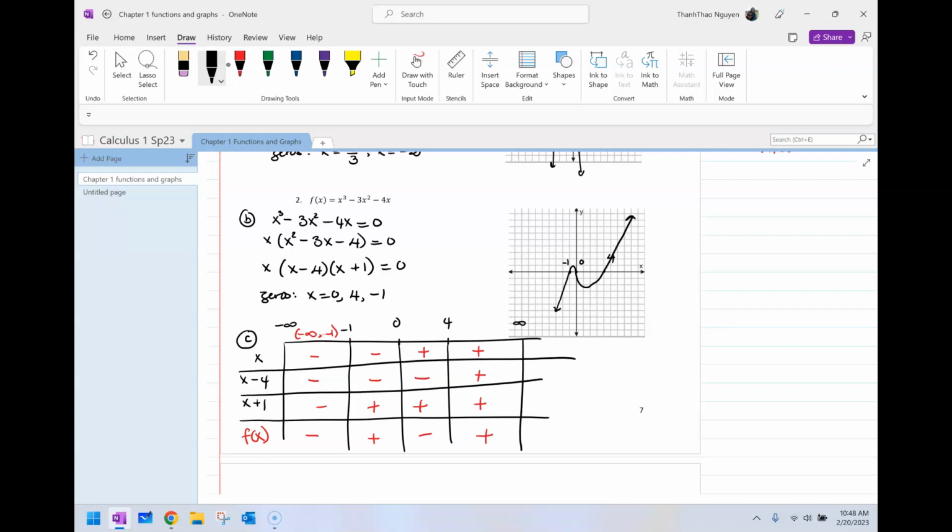Okay, so this is the shape of the graph. This tells us that as x approaches negative infinity, f of x approaches negative infinity, and as x approaches positive infinity, f of x approaches positive infinity.